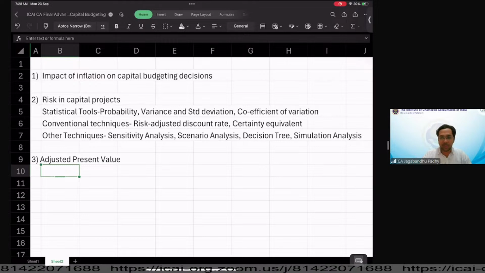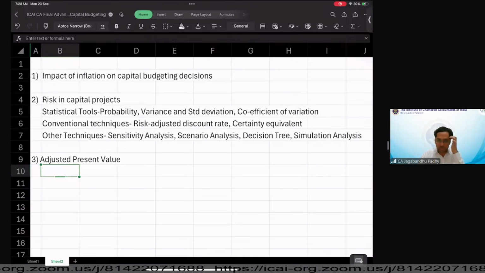Apart from that, we do have a lot of conceptual or theoretical concepts to cover, like what is going to be the impact of government policies on our capital project, right? What are the external factors that we are going to face?